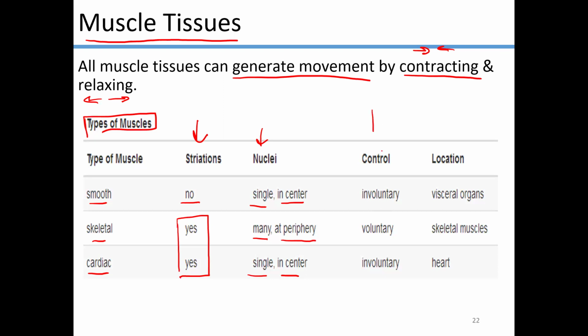Now, this is going to be another way to categorize or really understand what type of muscles we're dealing with. We have two different types of control. We have involuntary control, which means that we don't need to think about them and they're going to automatically do their job. In this case, we have our smooth muscles, which are going to be in our visceral organs.